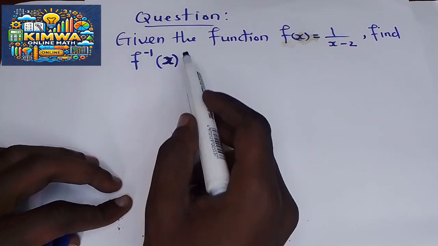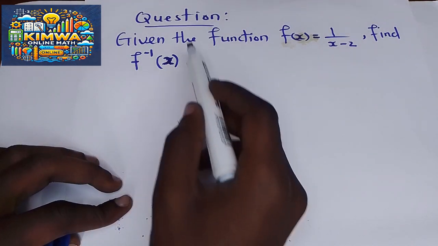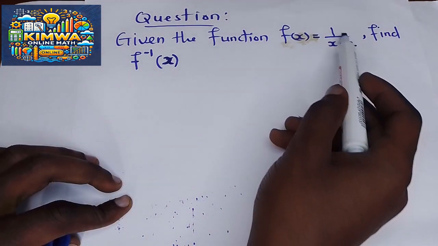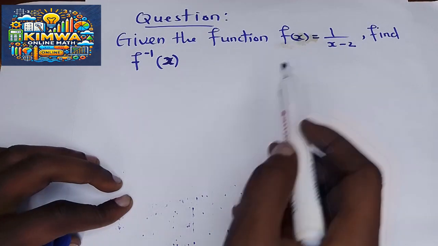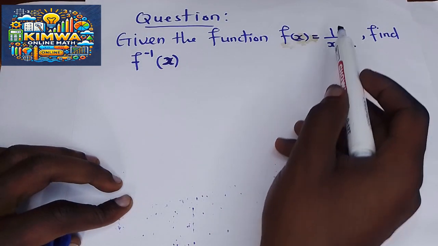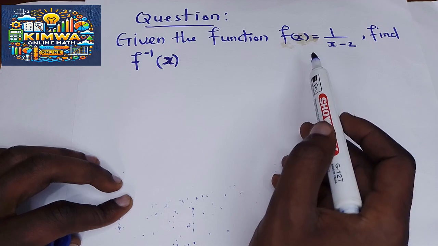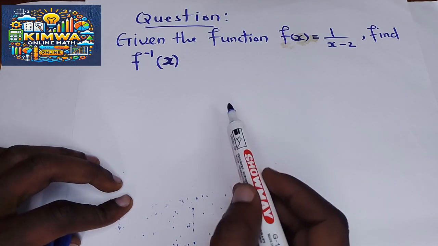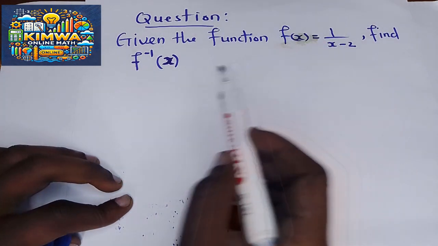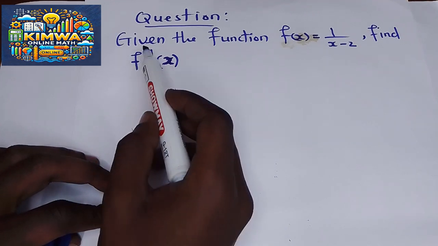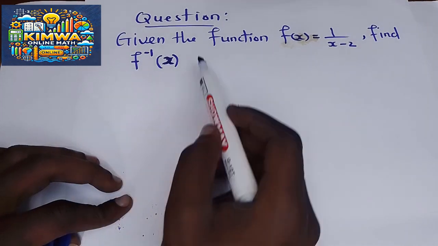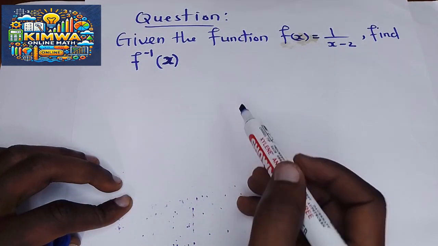This f inverse of x means the inverse of the function. It is f of x equal to 1 over x minus 2, and we are required to find the inverse of this function in this format, f inverse of x.